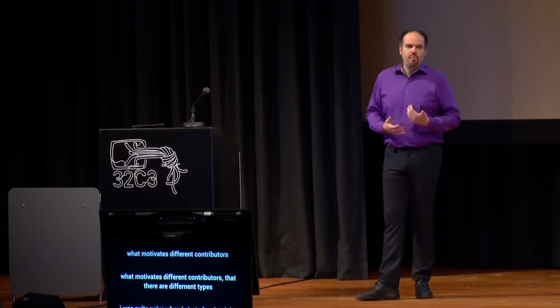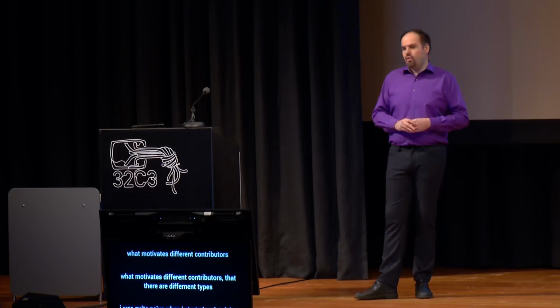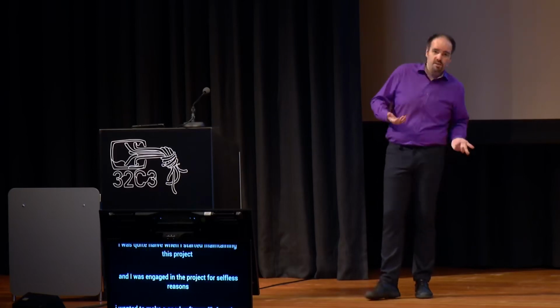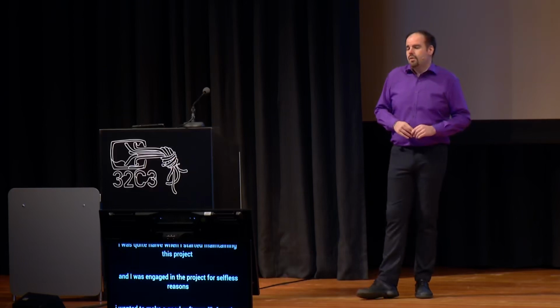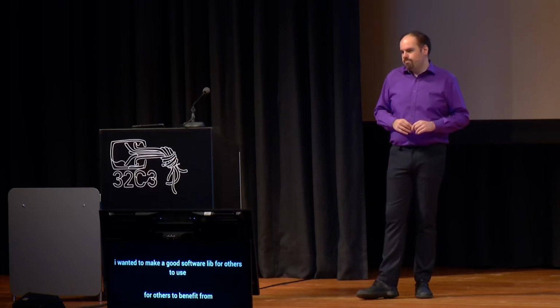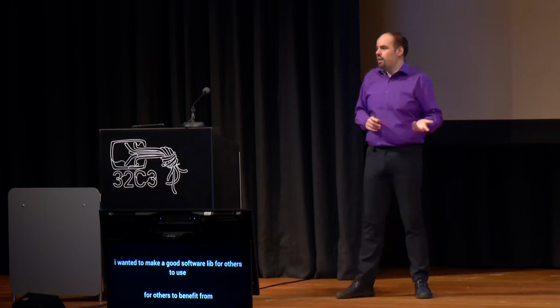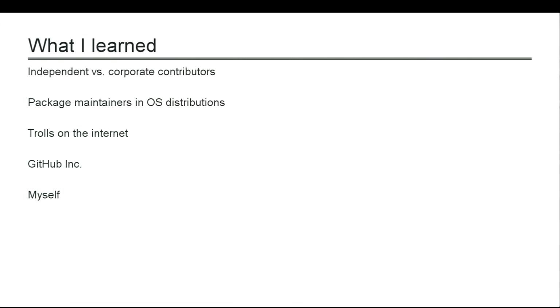I wanted to make a good software library for others to use, for others to benefit from, and for me myself to use as well. But that's not necessarily what drives everyone else, right? Especially if you have corporate contributors. So the Red Hat guy, for example, he just needed to solve the problem that the paying customer had. And he didn't really care much about the drama. He just needed a working library, right?